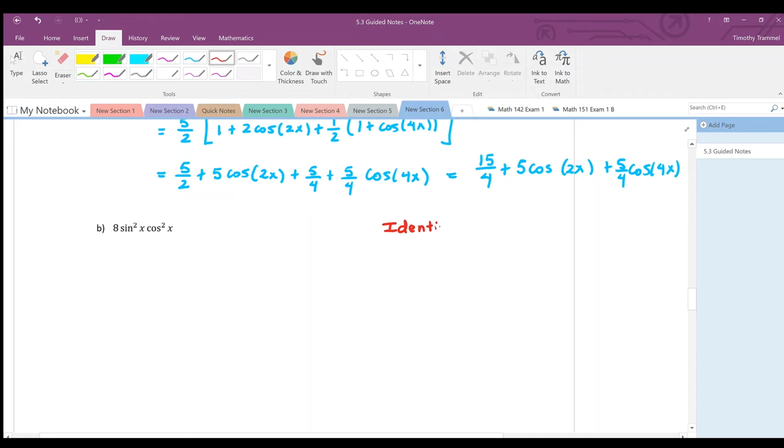The other one we need is just sine squared of theta is equal to 1 minus cosine of 2 theta all over 2. All right, so try and use those two identities here on part B, and when you're done, you can unpause the video and see what happened here.